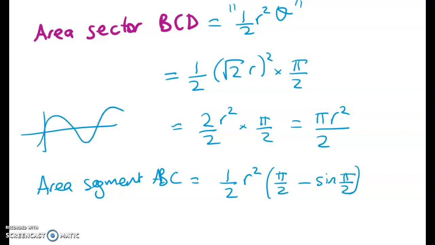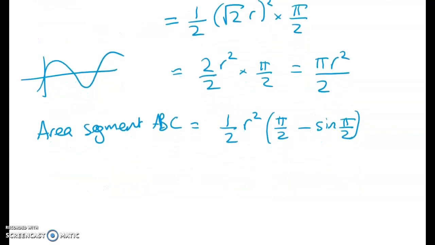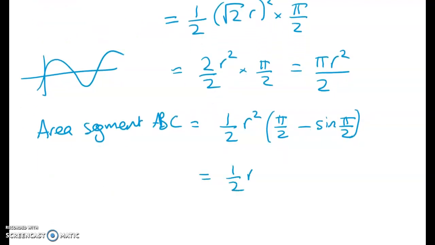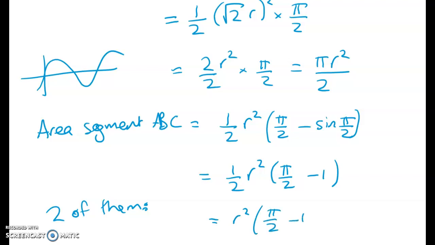And we know that sine of pi on 2 is equal to 1. So the area of that segment is a half r squared times pi on 2 minus 1. And we want 2 of them. So that's going to equal r squared times pi on 2 minus 1.